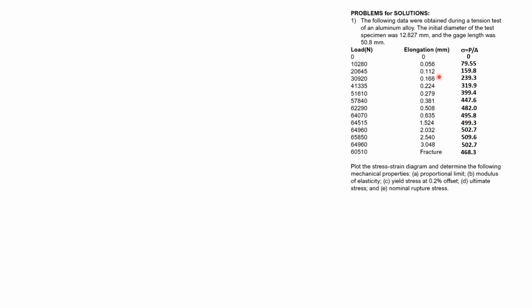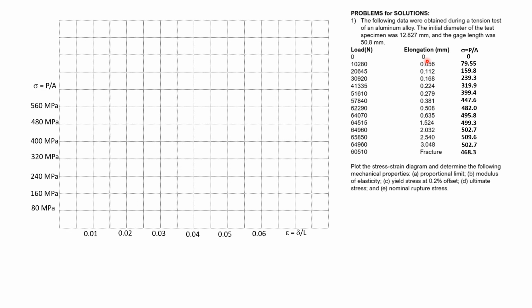But the strain is simply the elongation divided by the gauge length, which is 50.8. So 0 divided by 50.8 would also be 0. Next, 0.056 divided by 50.8 gives us a value of 0.011.